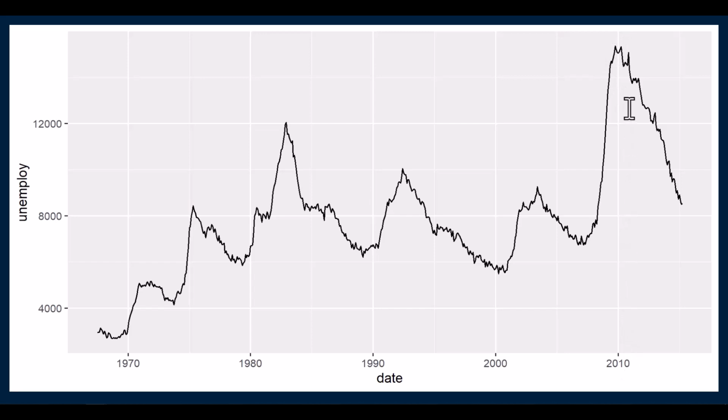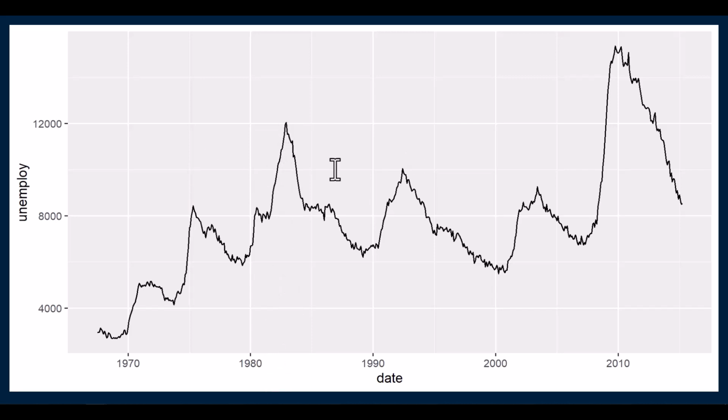It showed a massive increase in the number of unemployed in the US in 2010, but it has been decreasing from that year up to 2015. We also have a peak of unemployed population in the 1980s, around 1983.